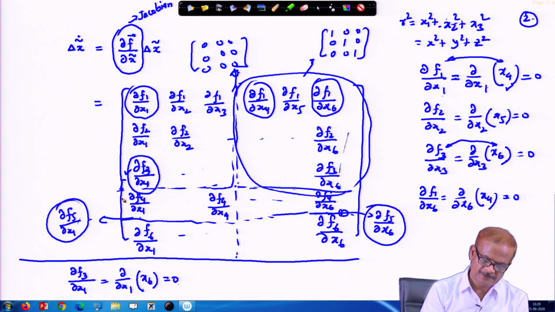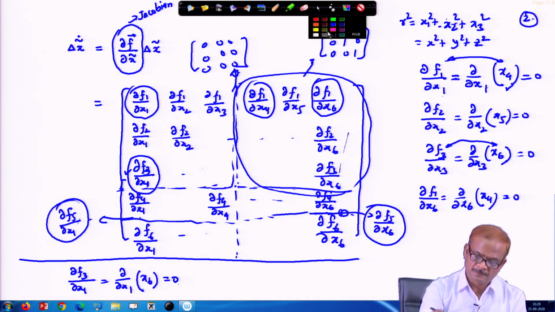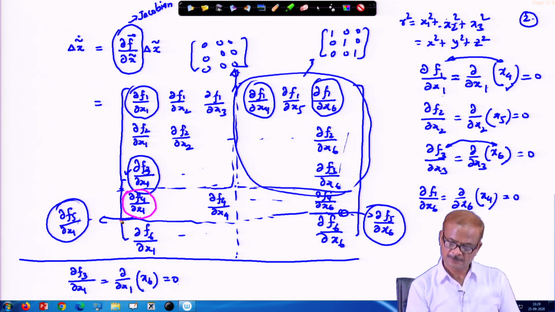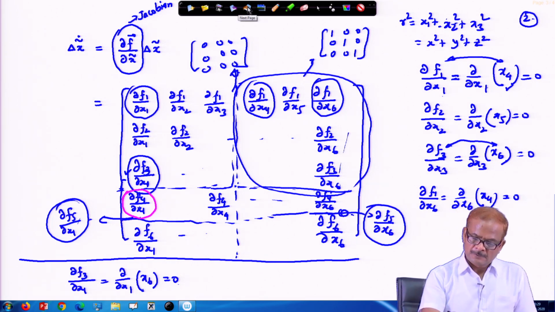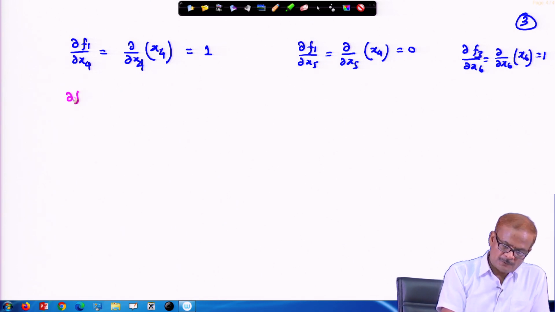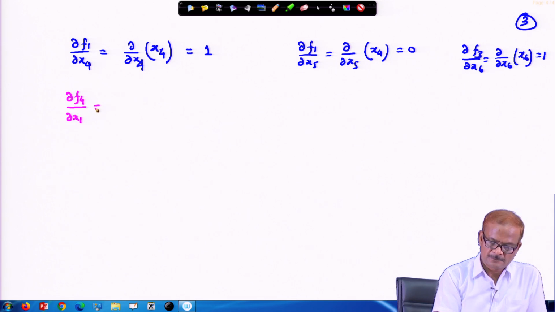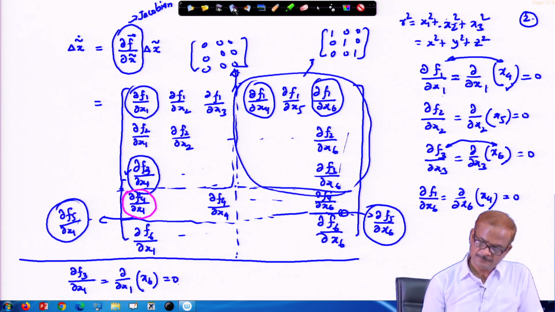Okay, so first we will check for this element, dou f 4 by dou x 1. And what is f 4?